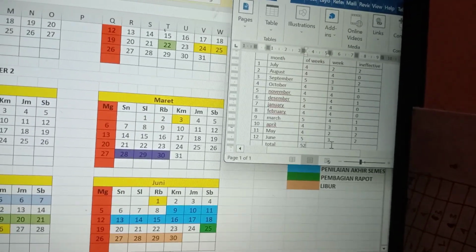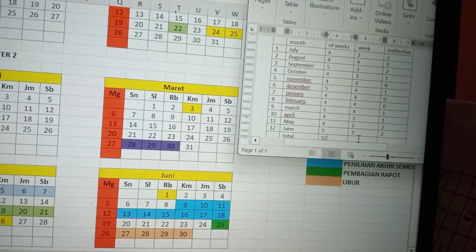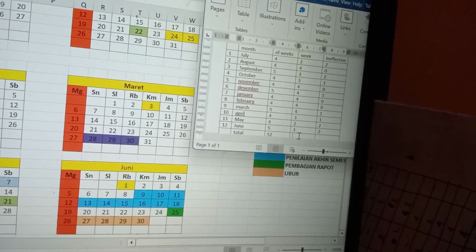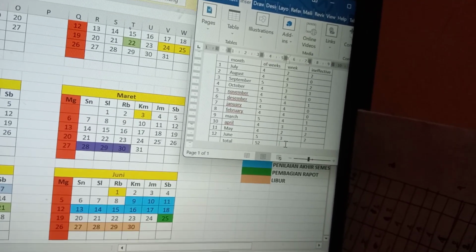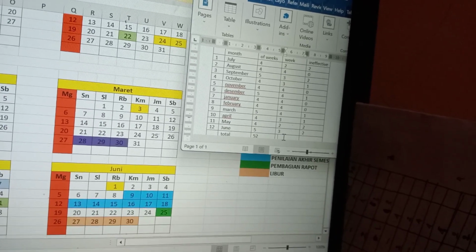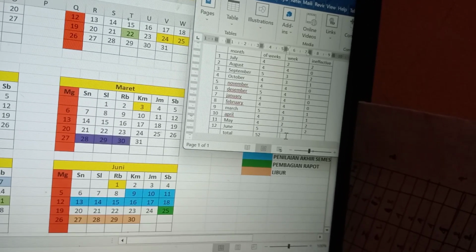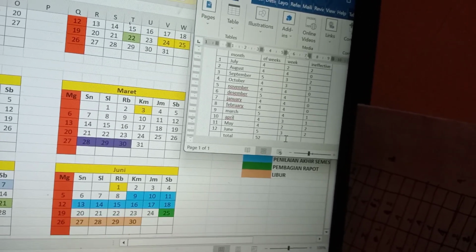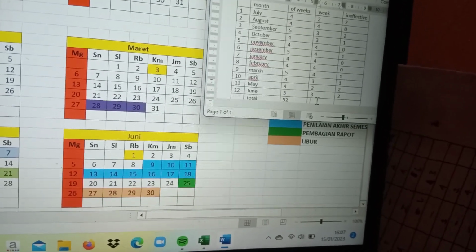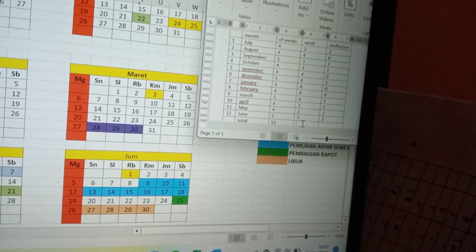weeks from semester 1 to semester 2, and the effective weeks is 2 plus 4 plus 3 plus 3 plus 4 plus 4 plus 4 plus 4 plus 4 plus 3 plus 2 plus 3.